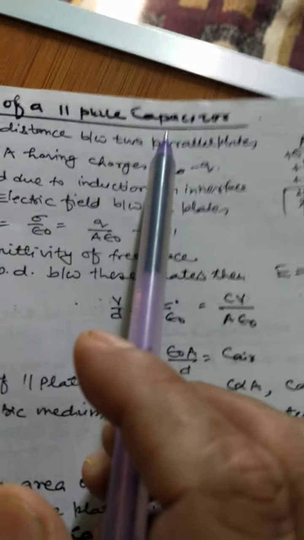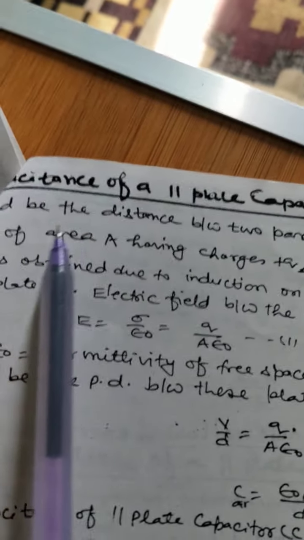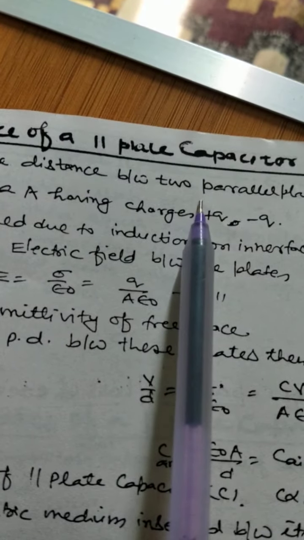Now the next derivation is, how will you find the capacitance of a parallel plate capacitor? Now look here, these are the two plates. The first plate is given the charge Q, let the surface charge density be sigma, and D is the distance between the plates of the parallel plate capacitor.